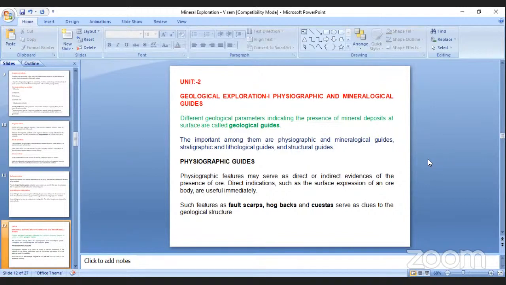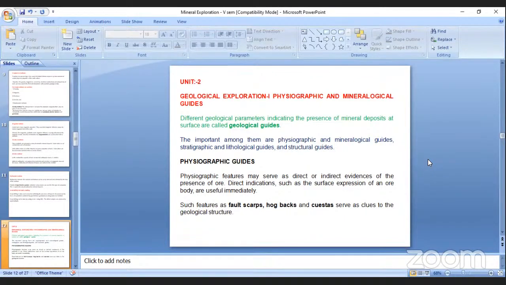They also depend on the study of stratigraphical situations, and are related to lithological guides. Finally, the structural guides also play a very important role in finding mineralogical deposits.